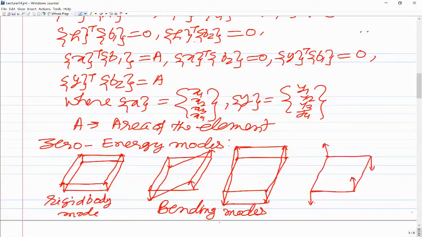The deformed element would be something like this. This is the hourglass mode, that is, w is alternately positive and negative at the nodes. Similarly, you can have hourglass modes corresponding to theta x and theta y. Theta x would be alternately positive and negative at the nodes, and similarly theta y. All of these are zero energy modes.